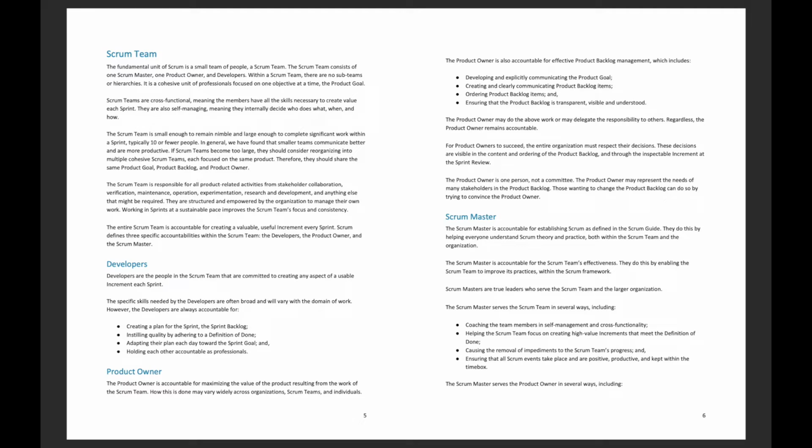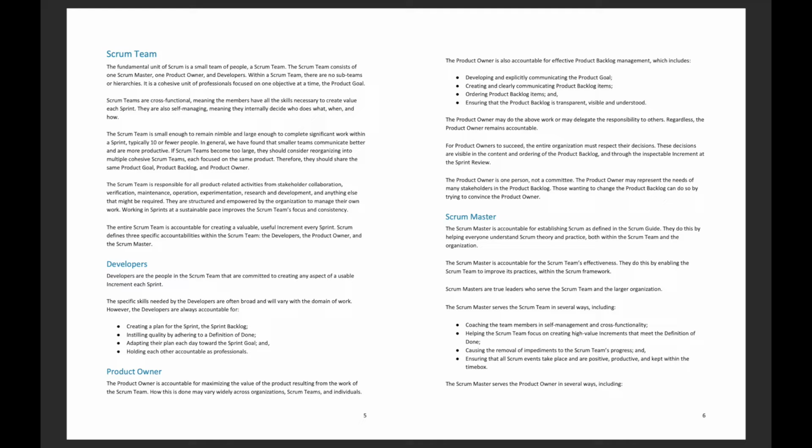The product owner is one person, not a committee. The product owner may represent the needs of many stakeholders in the product backlog. Those wanting to change the product backlog can do so by trying to convince the product owner.